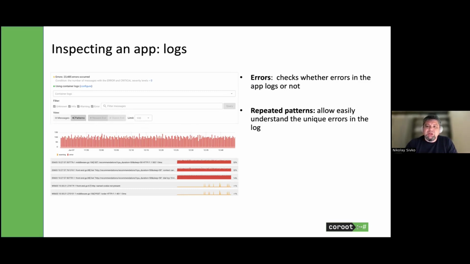So our agent right on the node turns logs into metrics. In this case, you can see that we have three error patterns with severity level error and two with severity warning. I've seen many times how engineers work with logs.